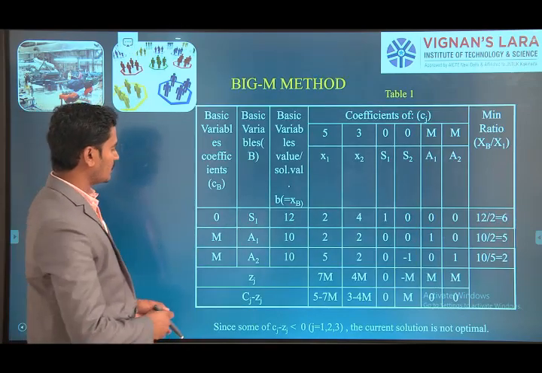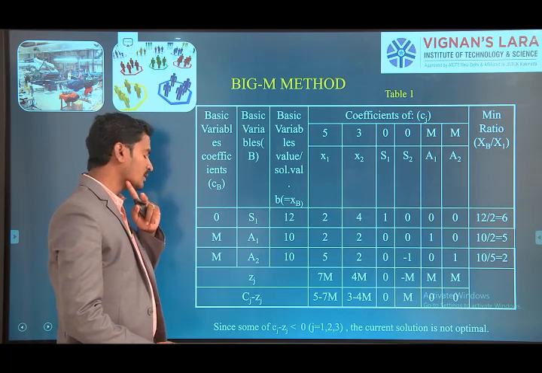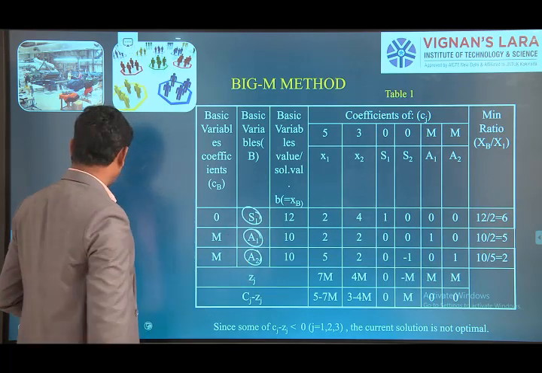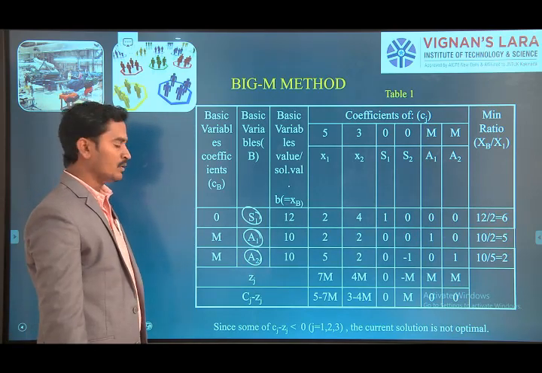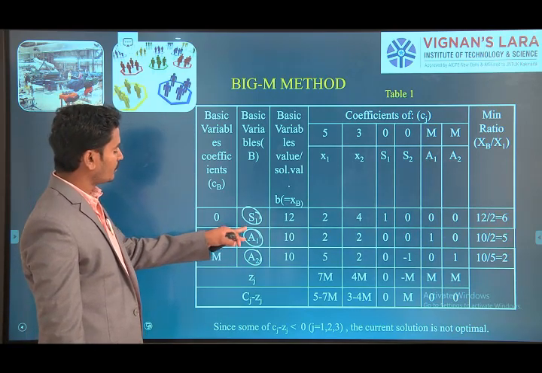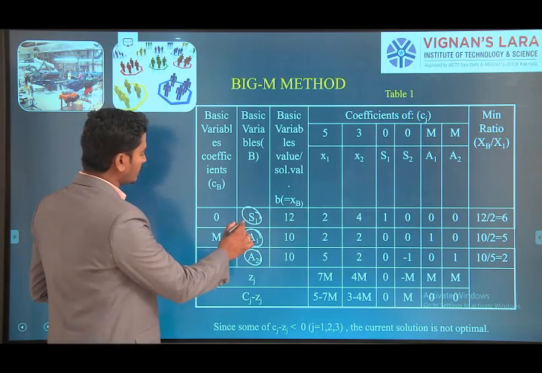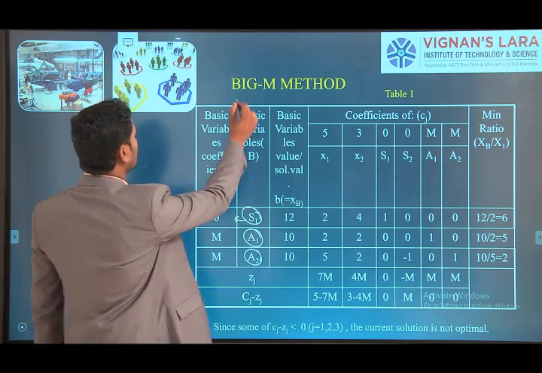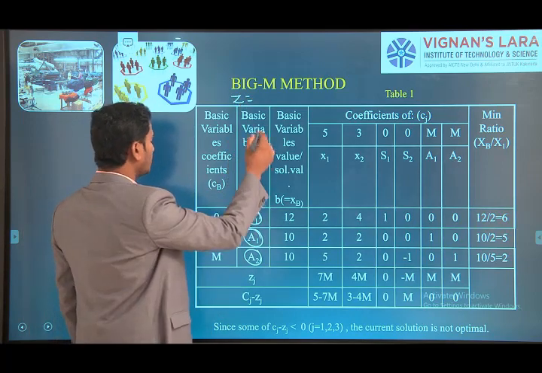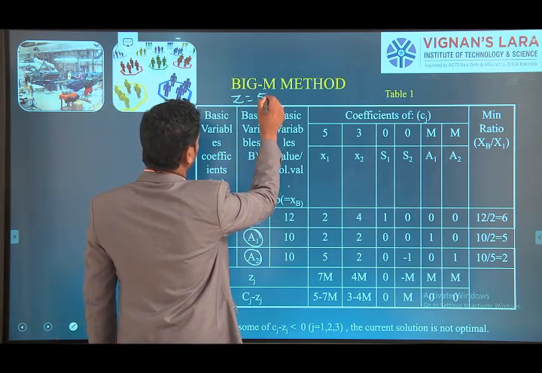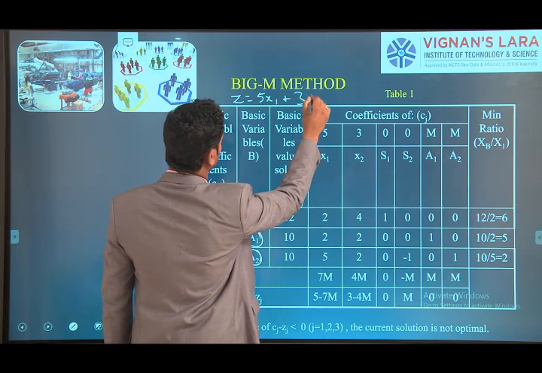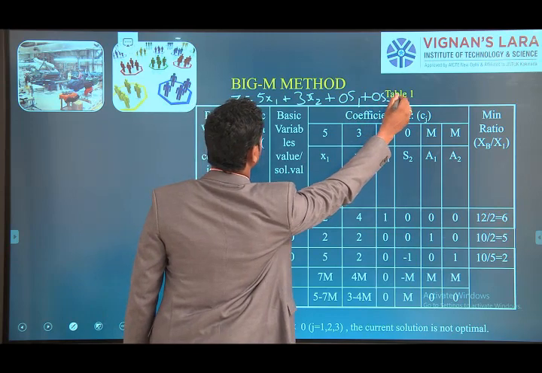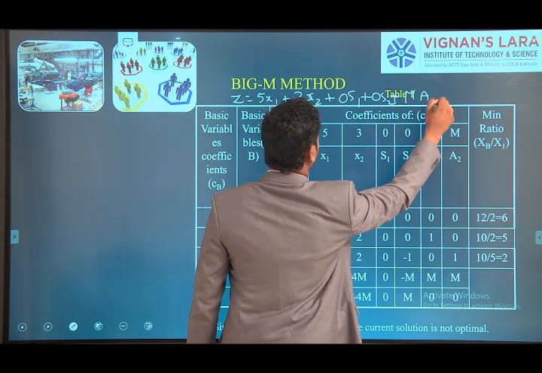Here, first, what are the basic variables we have? S1, A1, A2. These are the basic variables we have. And these basic variable coefficients are also there: 0, M, M. What are these? What is our objective function after converting? Our objective function is 5x1 plus 3x2 plus 0s1 plus 0s2 plus Ma1 plus Ma2.